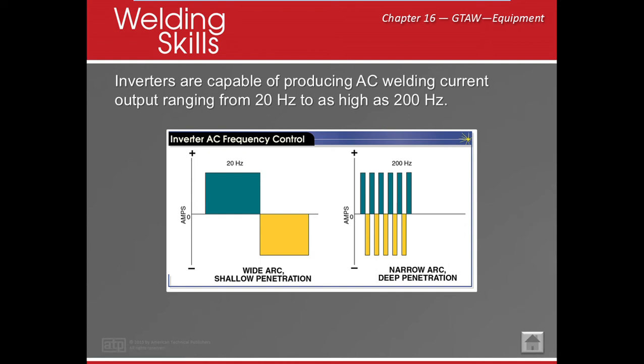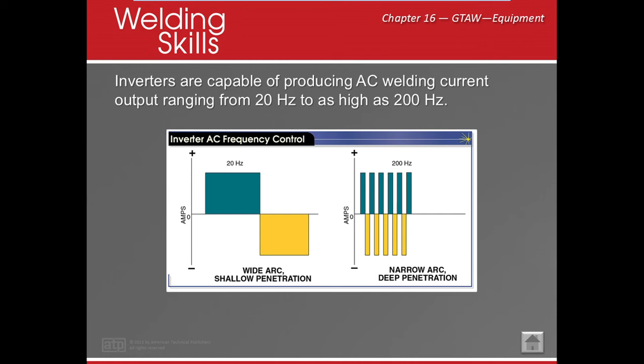So if we look at 60 hertz and below, we can reduce porosity when we have oil-soaked aluminum or something that's extremely dirty when we're trying to make repairs. And if we go above 60 hertz, the arc is more narrow and focused, and we can make really small, thin welds on really thin material.